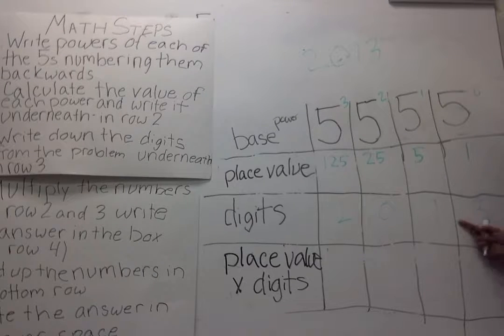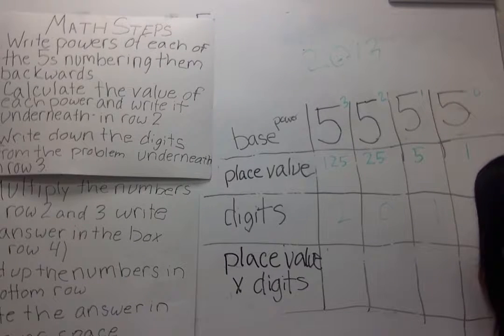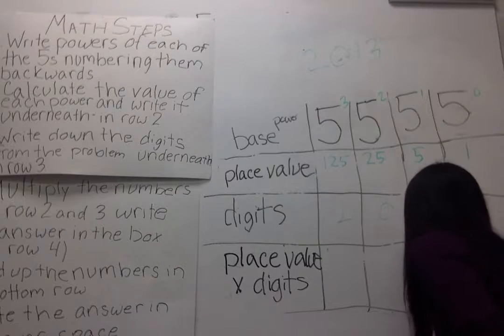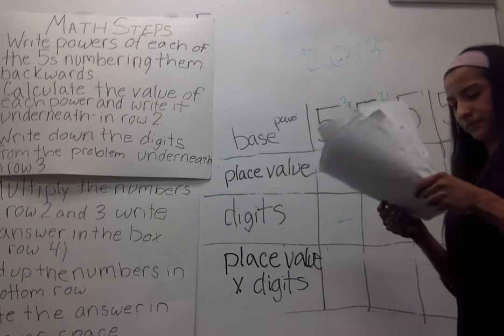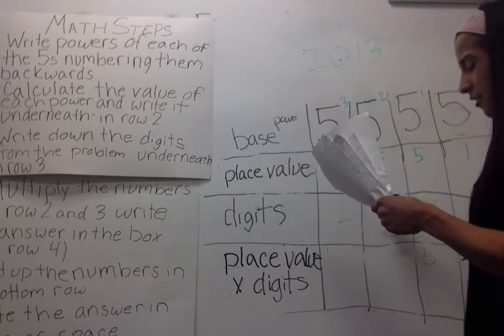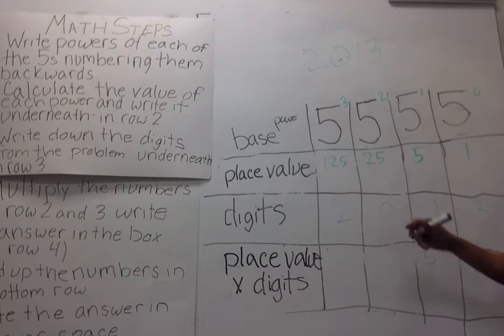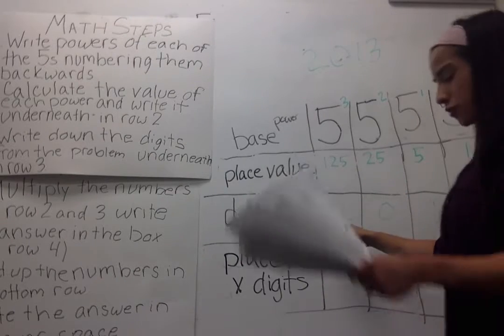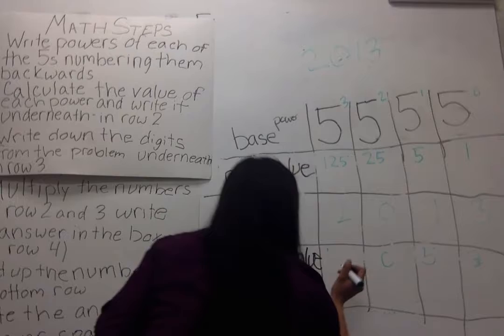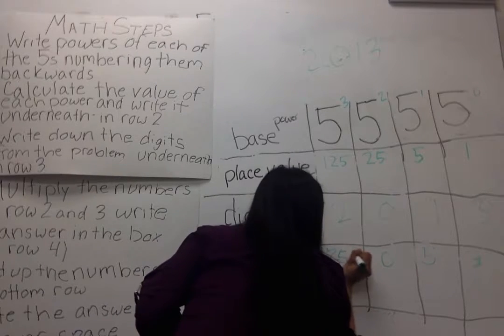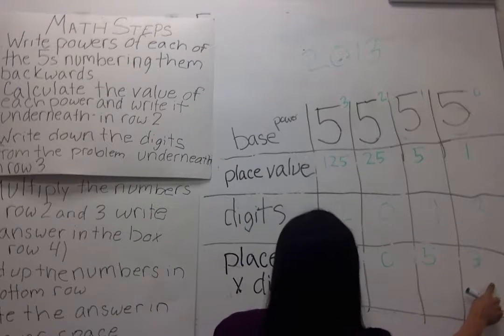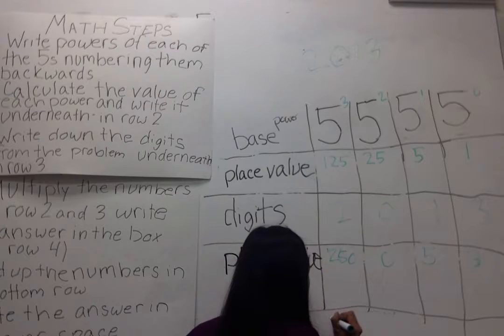So 1 times 3 is 3. 5 times 1 would be 5. Any number times 0 would be 0. 125 times 2 is 250.